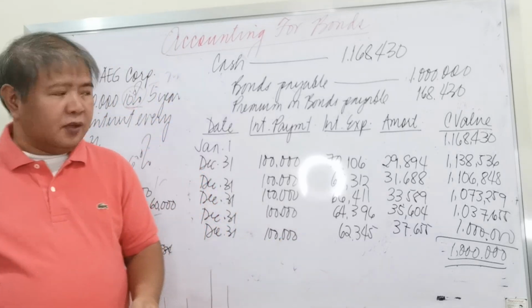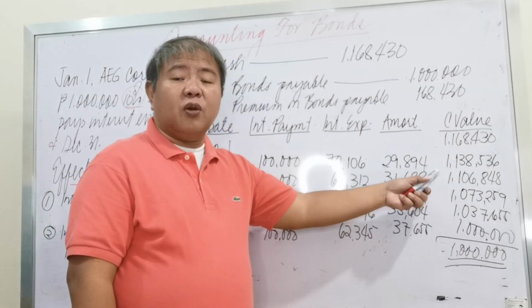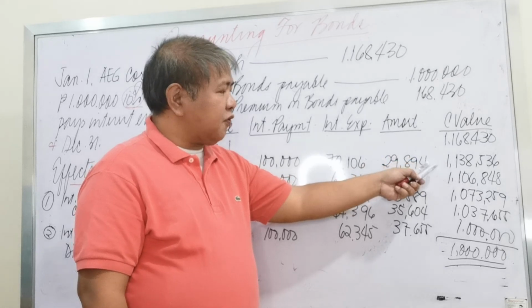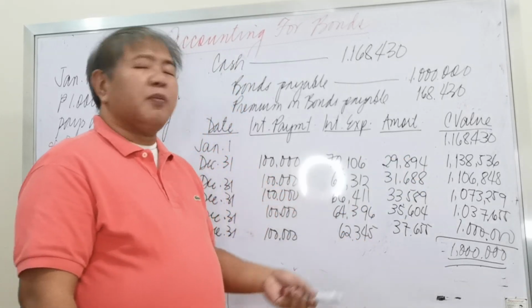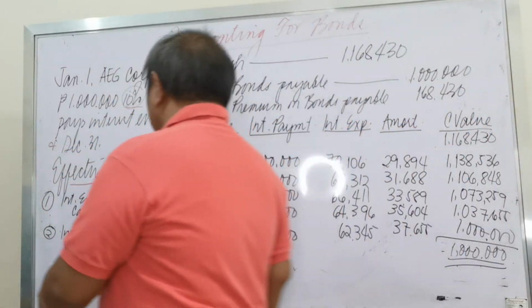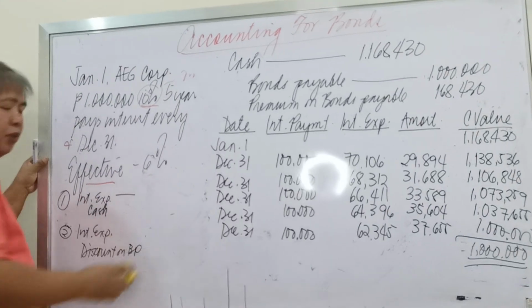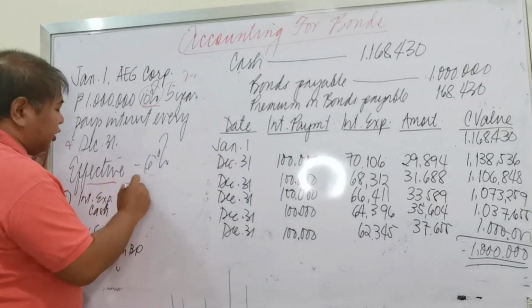Okay? So if you would see, the amortization is being deducted from the carrying value of the obligation at the date of transaction because again, the objective is for us to bring this down to 1 million, which is the principal amount. Now, every December 31st, what the bond issuer will do is to pay the interest and amortize the premium. Okay? So therefore, payment of interest is liable to pay 100,000.